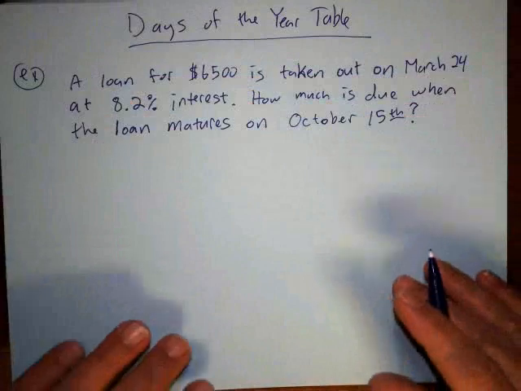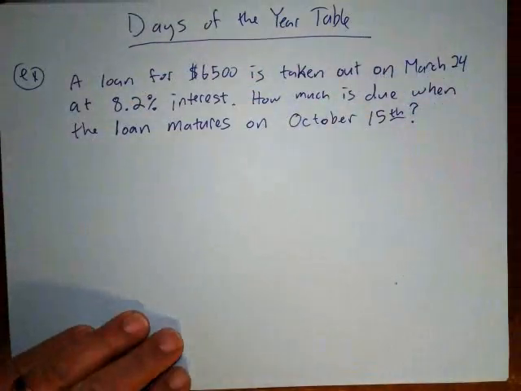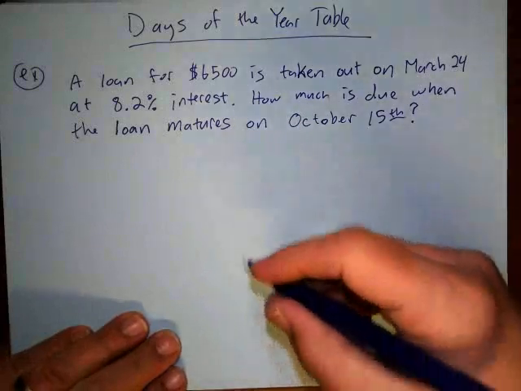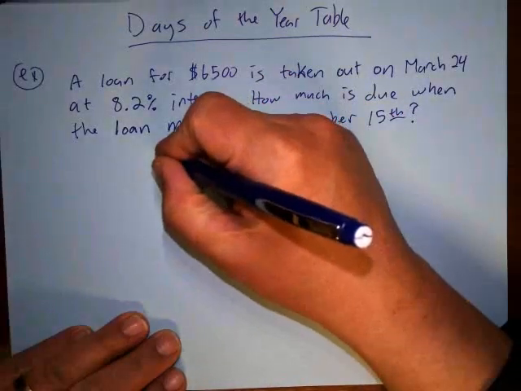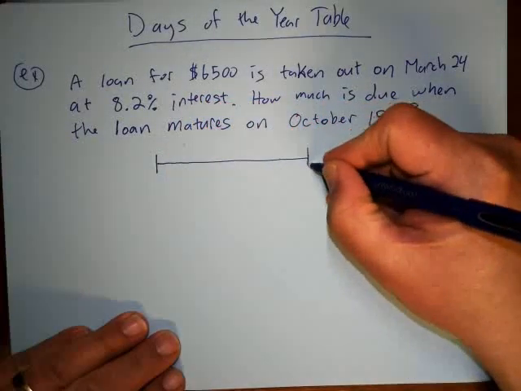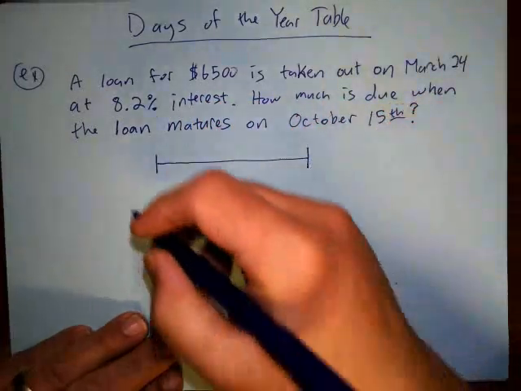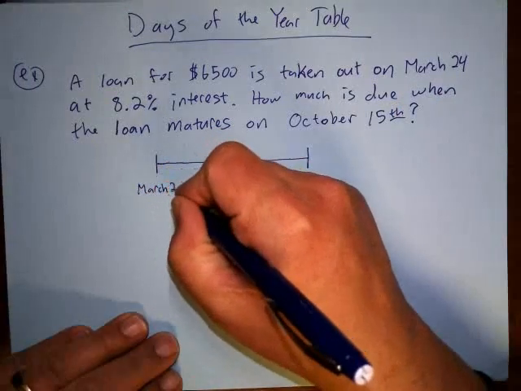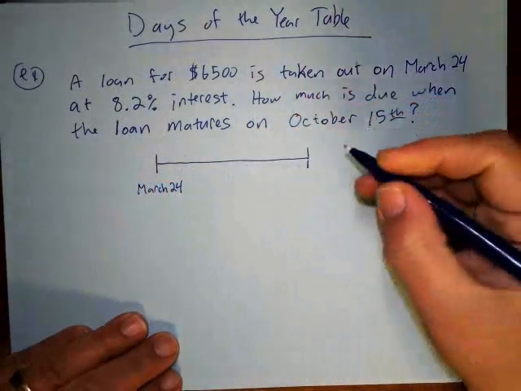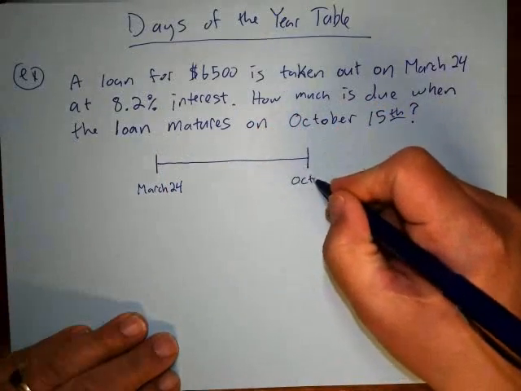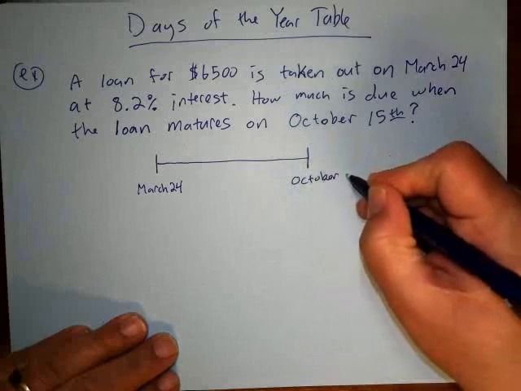So the way that I do this, and this will especially be helpful for the partial payment problems we're going to be doing in the next video, is I draw a little number line, or a little timeline, and I'll put the starting date over here, so that's March 24th, and the day the loan matures, that's the ending date, and that's October 15th.